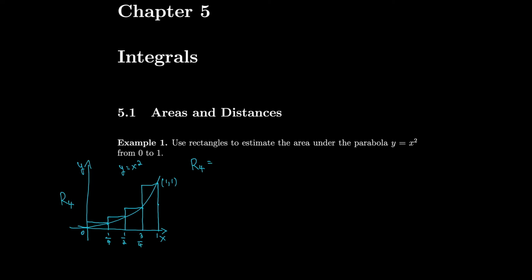R4 is the width of the first rectangle, which is 1/4, times the height, which is the height at 1/4, so it's the y value at 1/4. So 1/4 for the width, and then y is 1/4 squared because y is x squared. For my next rectangle, the width is still 1/4 because I made all of the widths 1/4. But in this case, the height is the y value at the new x value.